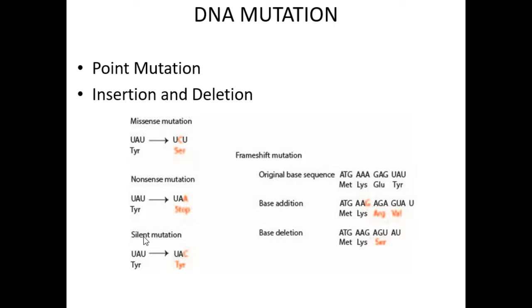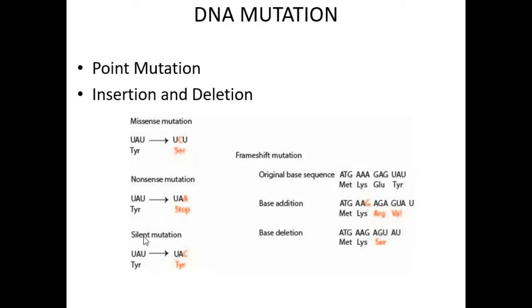The point mutation is a base substitution and can also be further divided into transition and transversion mutation, depending on the type of base change. If it's purine to purine, we call it a transition.